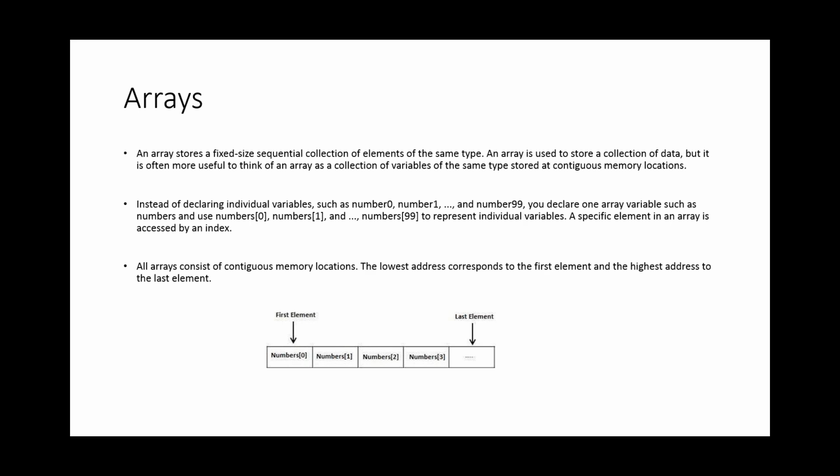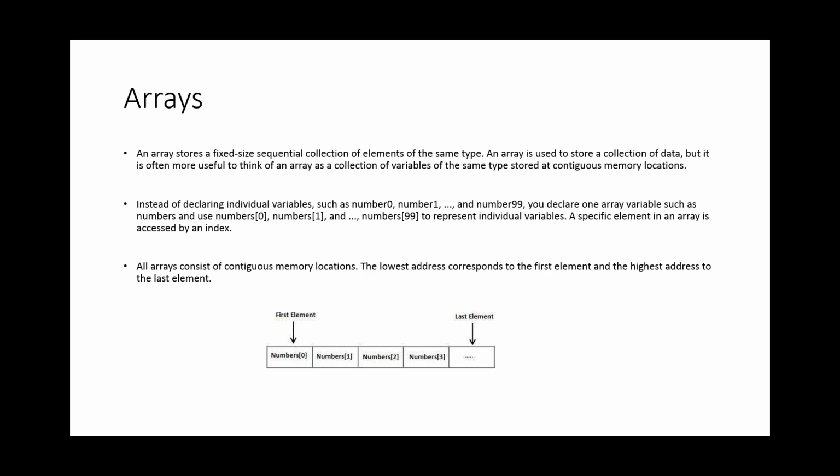The array's main purpose: if I ask you to take user input for 10 numbers, you would declare number1, number2 like that. How many variables will you declare, and how will you handle all those variables throughout your program? You may get confused, or sometimes something will be missed. Arrays are very useful to maintain the same type of data in a collection, and they are maintained in contiguous memory.